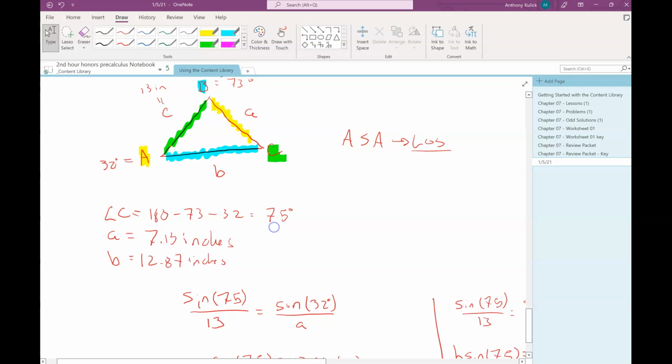And then let's do a quick little check here. Is the smallest side opposite the smallest angle? Yes. Is the middle side opposite the middle angle? Yes. Is the biggest side opposite the biggest angle? Yes. Does this look good then? Probably, right?